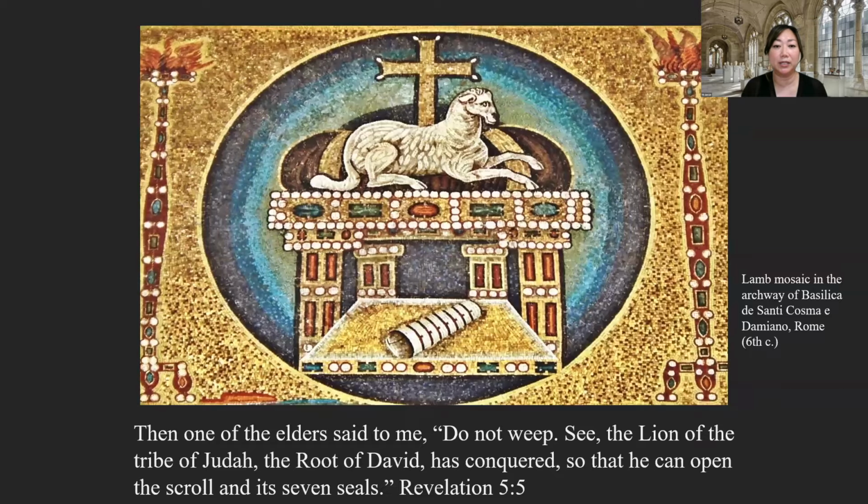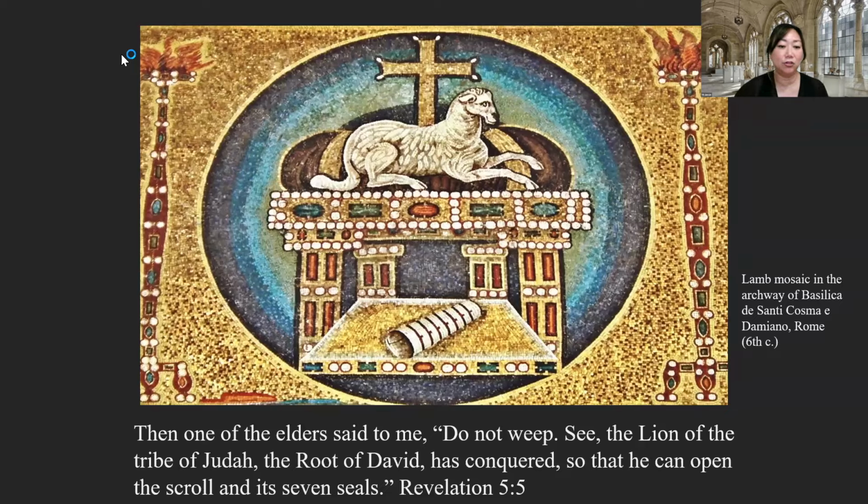Here is something even more explicitly borrowed from Revelation. This is a mosaic that we have in the Basilica di Santi Cosma e Damiano in Rome. And here you'll see that scroll in front of the Lamb, and it has 7 seals that need to be broken. And so in chapter 5, one of the elders before the throne says to John of Patmos, "Do not weep, because no one is worthy to unseal the scroll.